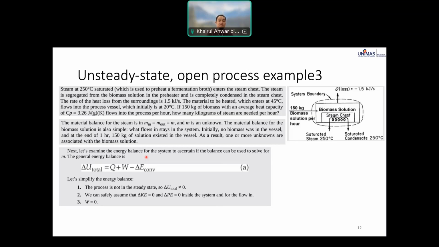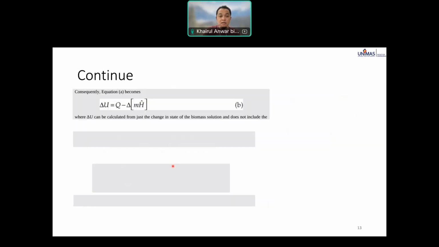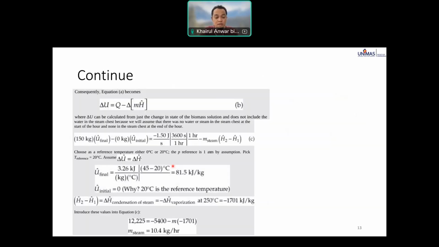The process is not steady state, so delta U is not equal to 0, where U refers to internal energy. We can safely assume that delta KE is 0, delta PE inside the system for the flow is 0, and the work done on the system, W, equal to 0. So consequently, this equation turns to delta U equal to Q minus delta M H, where H refers to enthalpy.